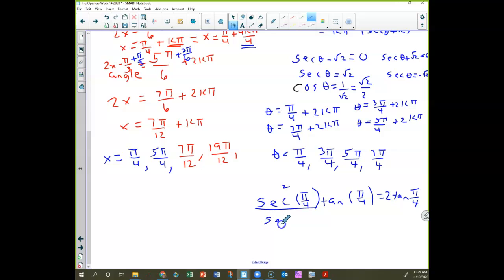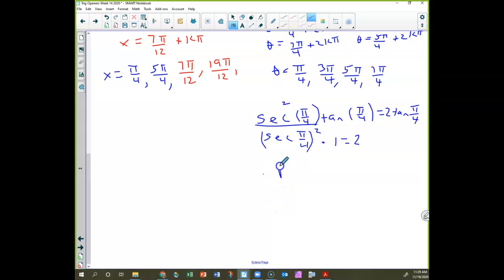That means find the secant of pi over 4, and whatever that answer is, square it. The tangent of pi over 4 is 1, and so we have the secant of pi over 4, which is root 2, squared times 1 equals 2. And sure enough, 2 times 1 is 2. Pi over 4 worked.